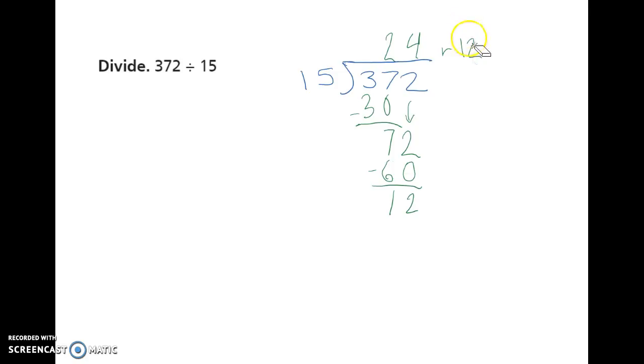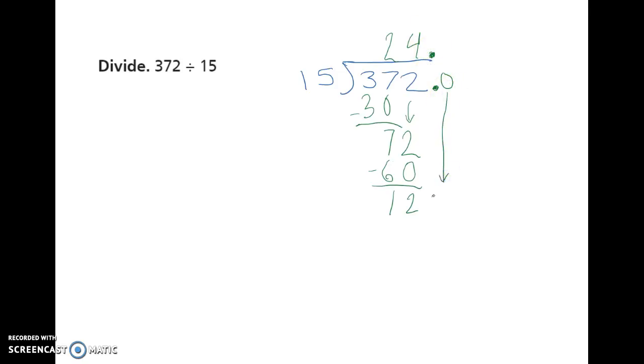But now we've got this new trick and we're going to keep working with it, which is to say that 372 is the same as 372.0. And that doesn't change the value of my number, but it allows me to keep solving this problem. Since I've added a decimal point into the dividend, I'm going to put the same decimal point in my quotient, and I'm going to keep going.